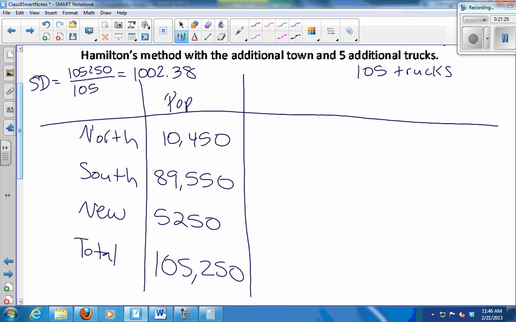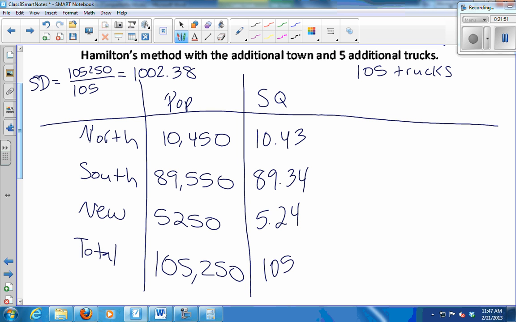Okay, so now that I have my standard divisor, I can calculate my standard quotas. Take each population and divide by the standard divisor. Can somebody read them off for me? Okay, and that should add up to very close to, if not, 105.